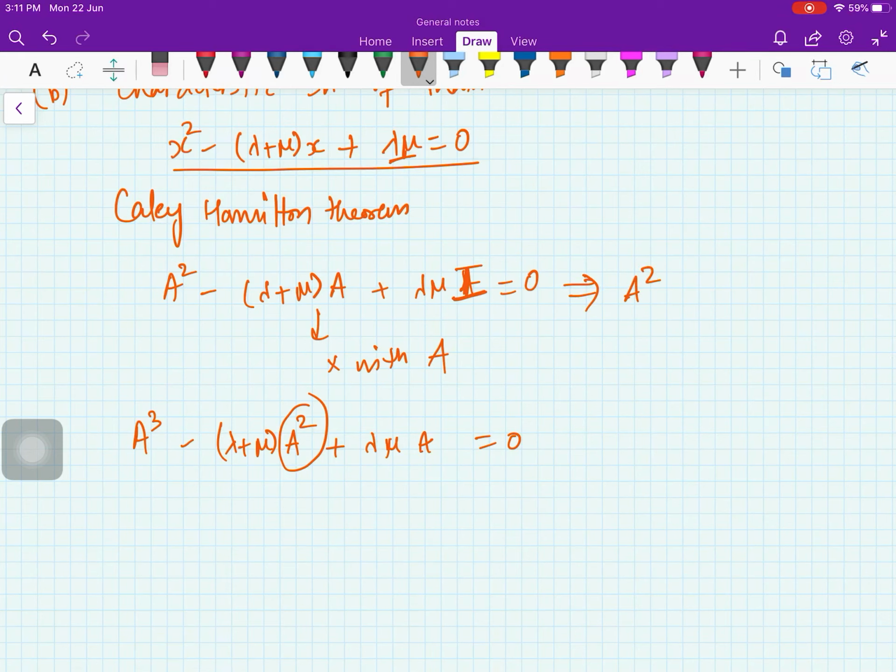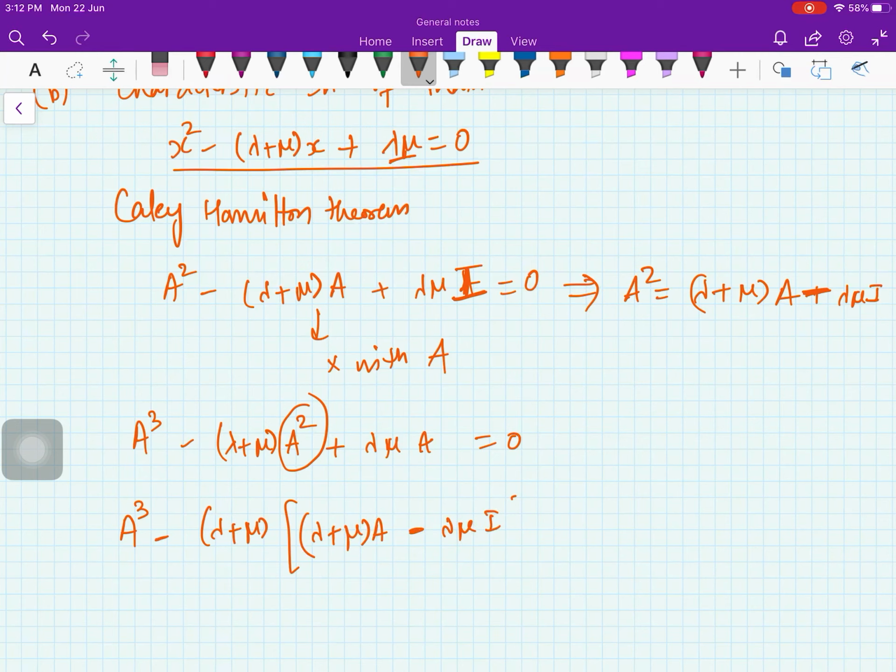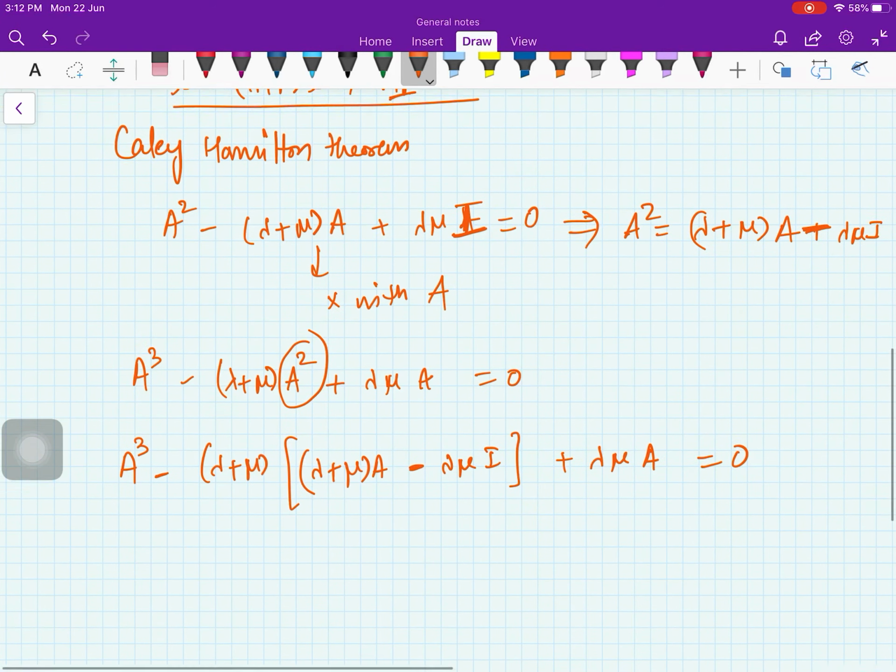From here you have A square equal to lambda plus mu into A minus lambda mu I. So here you put it, so it will be A cube minus lambda plus mu, and in place of A square you put lambda plus mu into A minus lambda mu I, plus lambda mu A equal to 0.